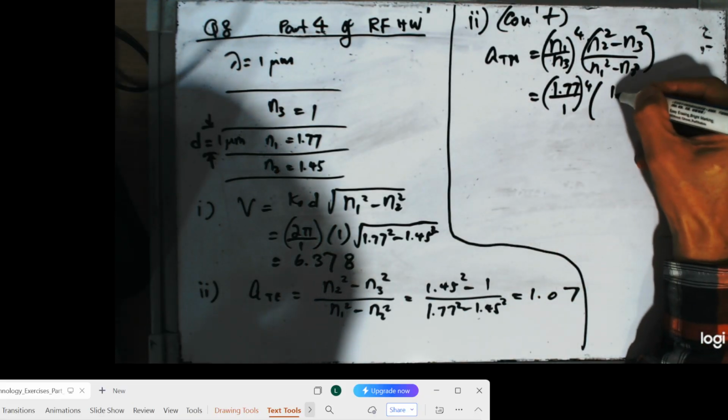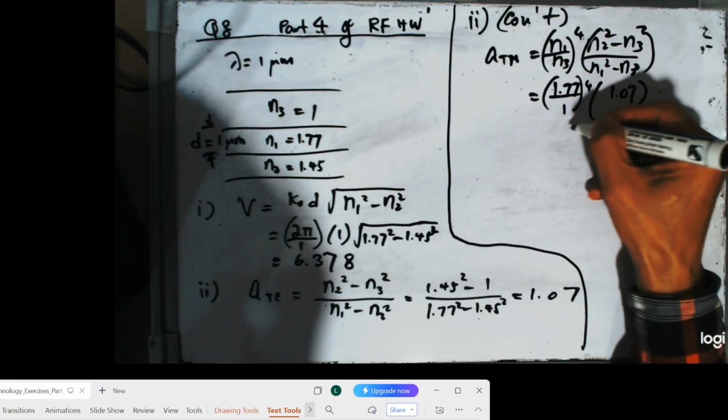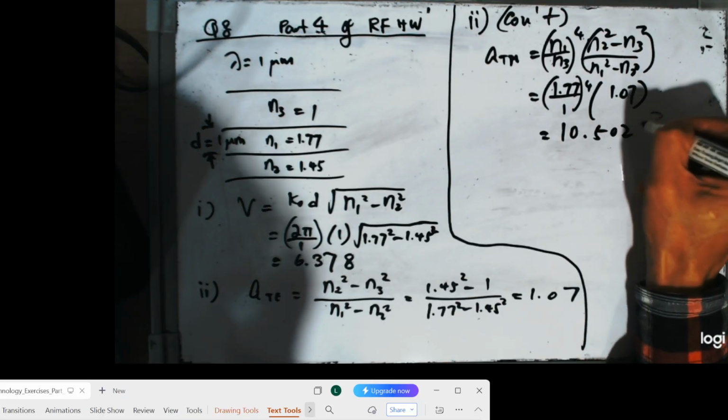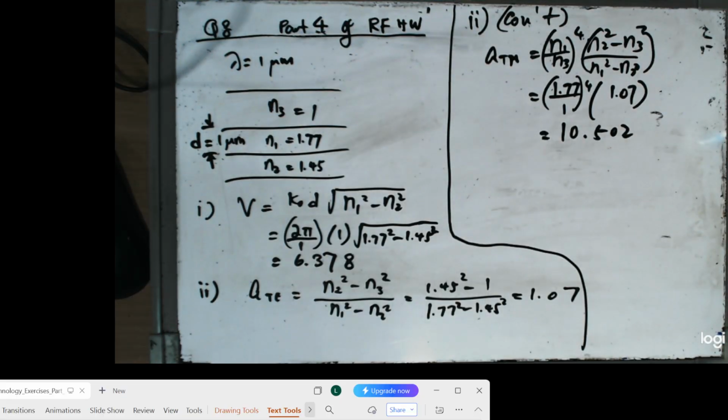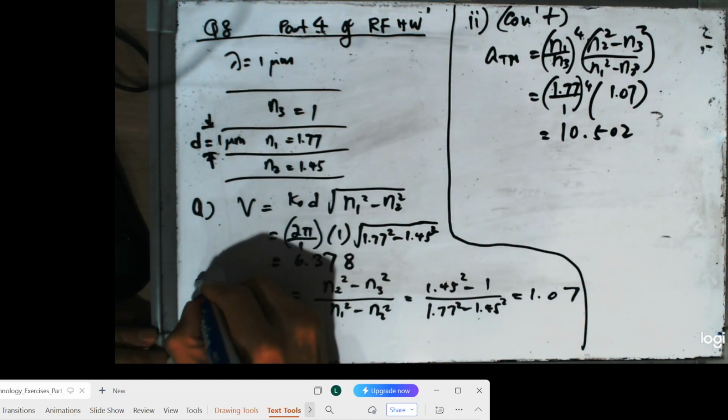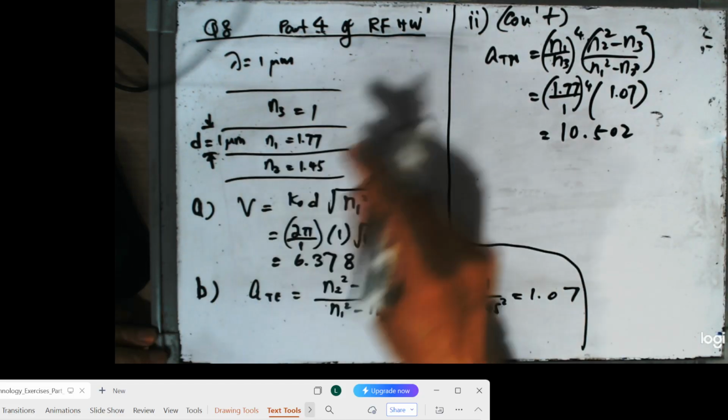So if we calculate, it is 10.502. Sorry, this should be A. This is part A. This is part B. And this is part C.